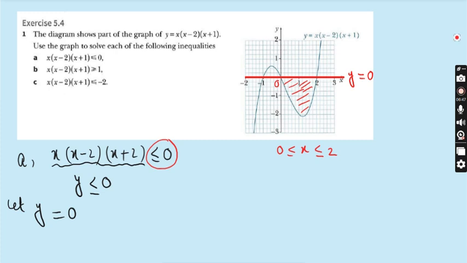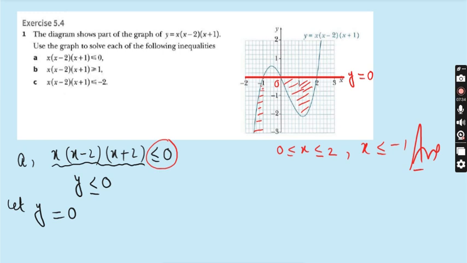And now see this portion, which is also below the red line, and this portion is x less than or equal to minus 1, because we don't know where the end is, so we just write x less than or equal to minus 1. And the second portion, which we have already written, 0 to 2, because we know it starts from 0 and ends at 2. So students, x from 0 to 2 or x less than or equal to minus 1 is our final answer of the given part A. Hope you understand.